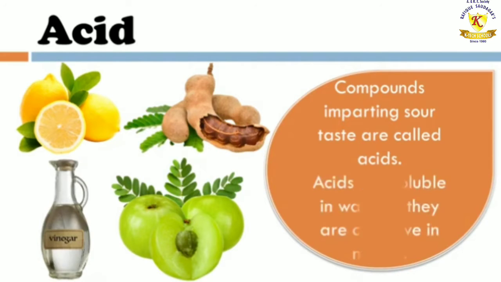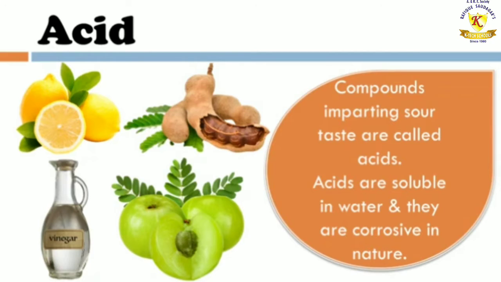These acids are soluble in water and they are corrosive in nature. It means acids are easily soluble in water. They get mixed easily in water and they are corrosive in nature. Corrosive means they are highly reactive.